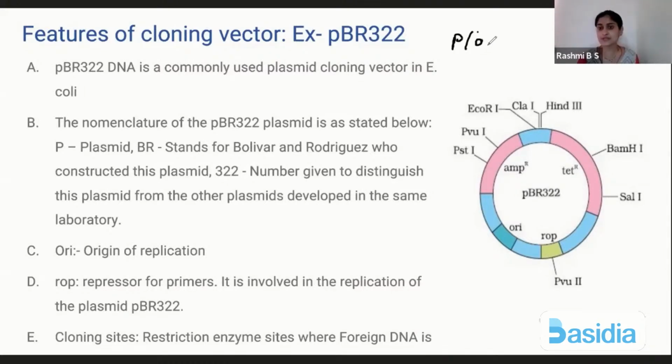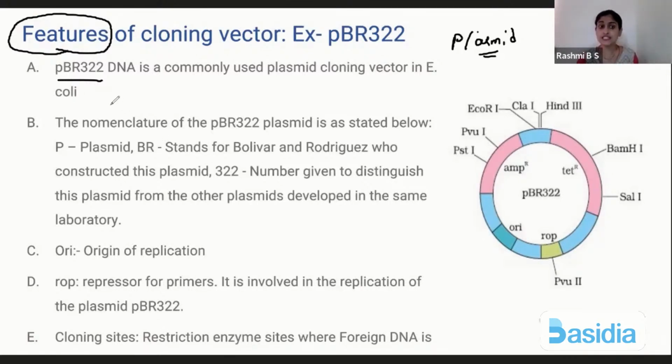We have isolated so many plasmids, but here I am picking up the plasmid named PBR322. We are taking this as an example and learning the features of cloning vectors. So what are the essential features one vector should have?